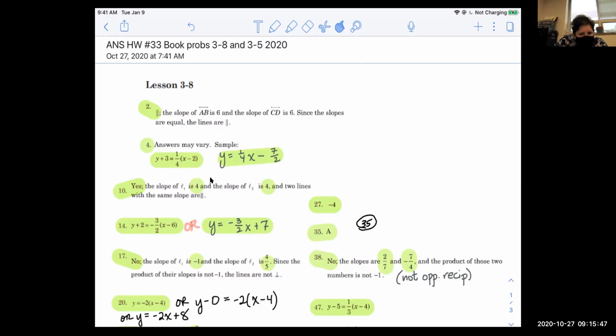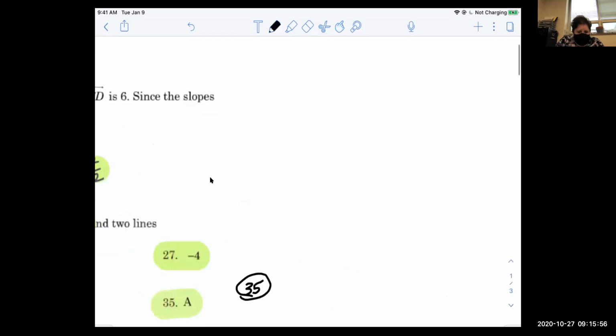Oh, which line is perpendicular? Okay. 3y plus 2x equals 12. Is that what that says? Yep.